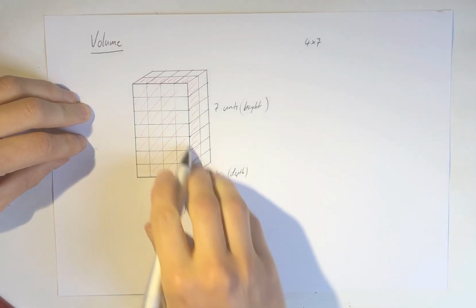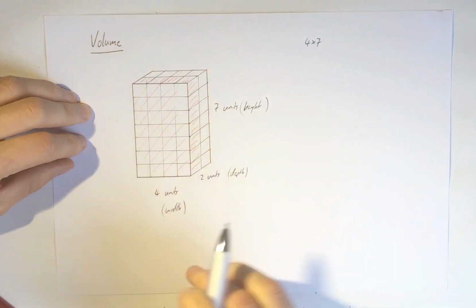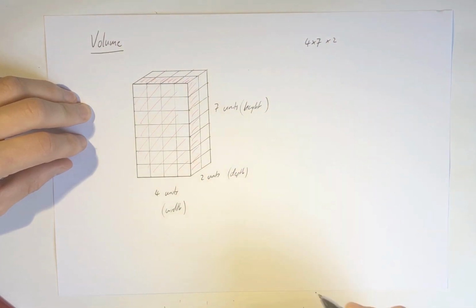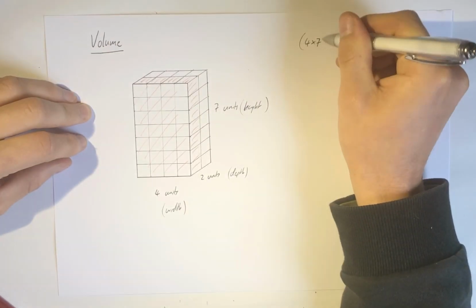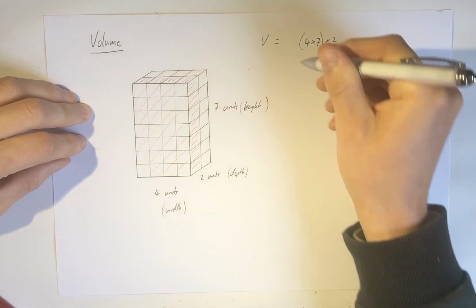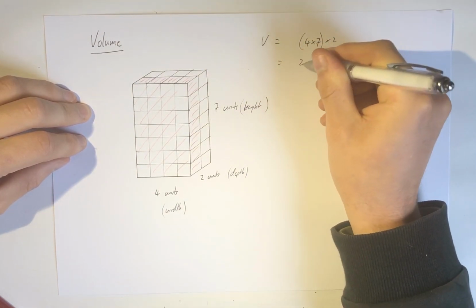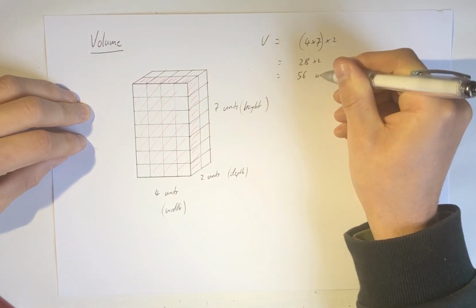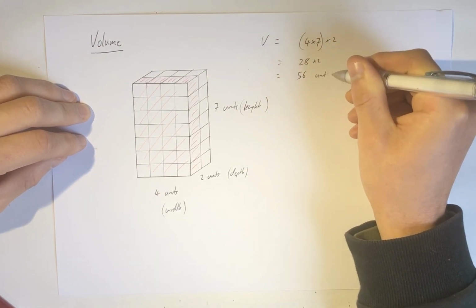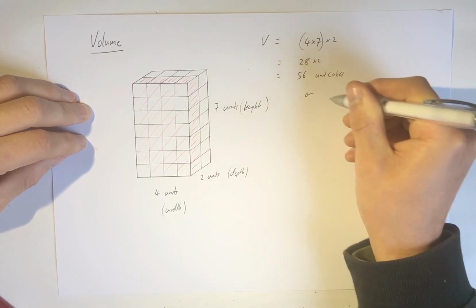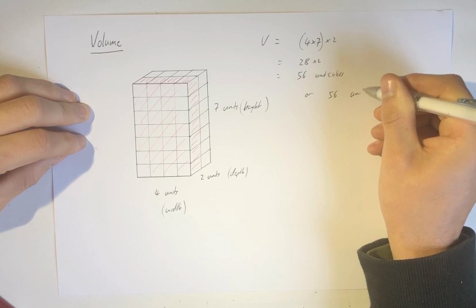So it's 4 times 7, and then how many of those slices are there? Well, there's 2, so we times that by 2. So the volume is going to be 4 times 7, 28, times 2, and that's 56 unit cubes, or 56 units cubed.